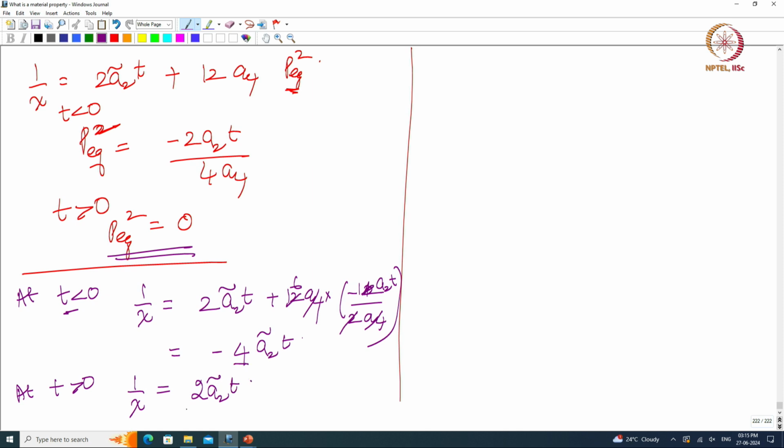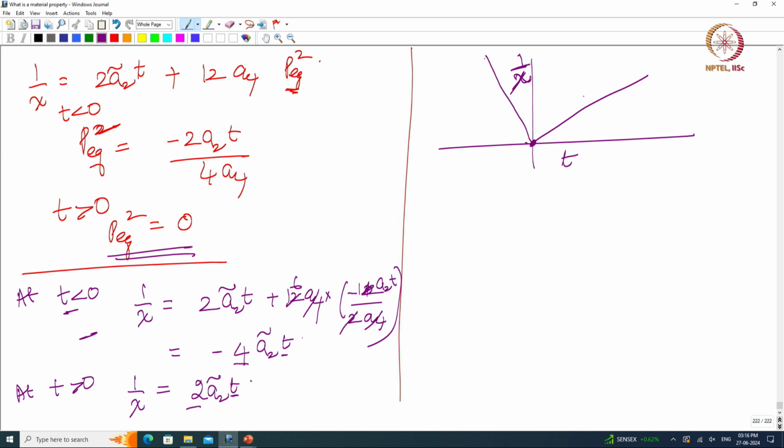So, the slopes are different. If I am plotting 1 by susceptibility as a function of t, at t equal to 0, 1 by susceptibility is equal to 0, because t equal to 0 in both cases. But for t less than 0, 1 by susceptibility has a higher slope, it is decreasing. And for t greater than 0 it has half the slope, but it is increasing.